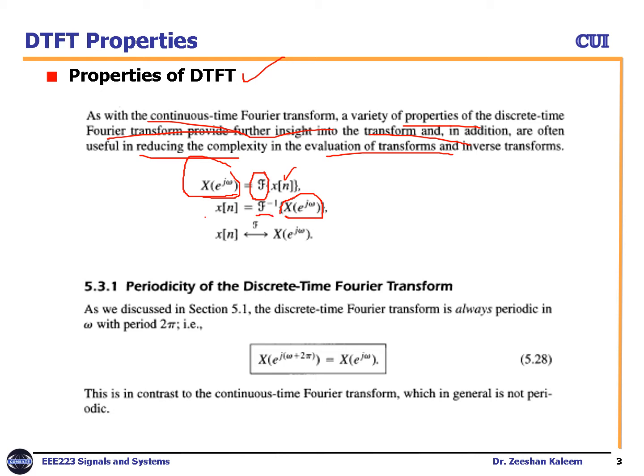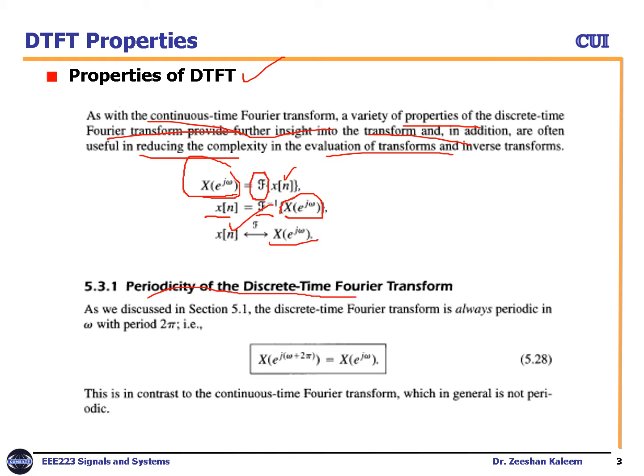So F inverse is equal to x of n. In this way, you can get back the original signal x of n. So x of n Fourier transform is X(e^jω), whereas X(e^jω) inverse Fourier transform is x of n. The first property is the periodicity of DTFT.